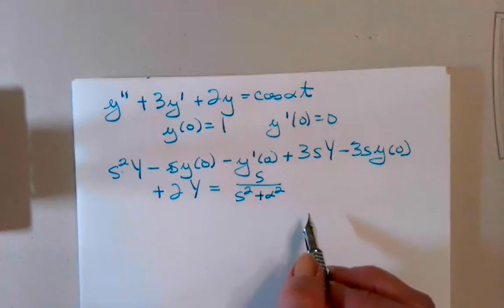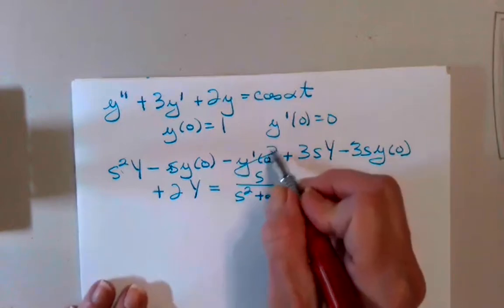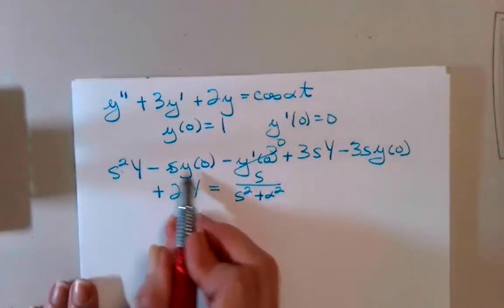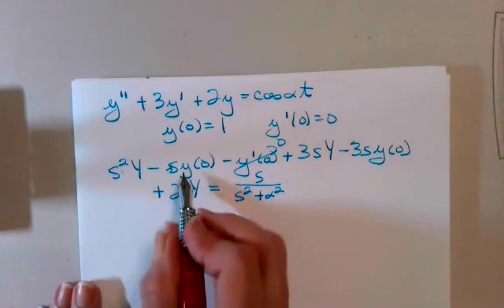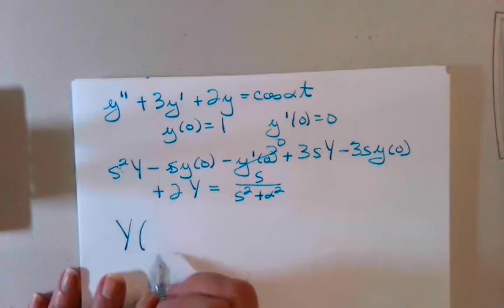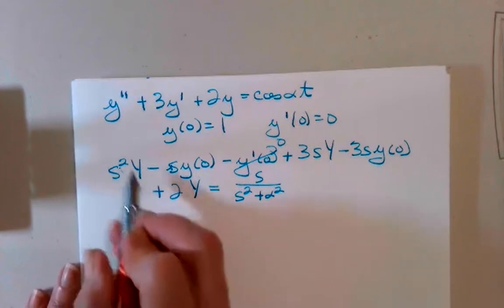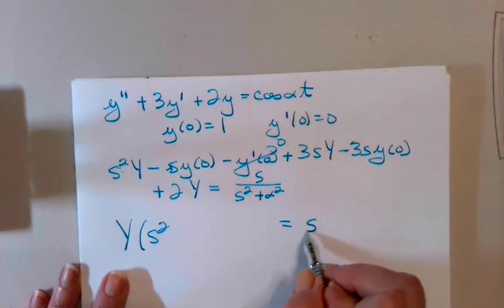All right, so let's see. The y prime term is 0. y of 0 is 1. So those two terms will go to the other side. We'll pull out the capital Y. We'll have an s squared from this one. This goes to the other side as an s.